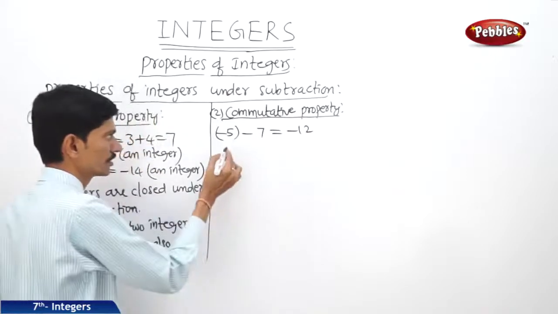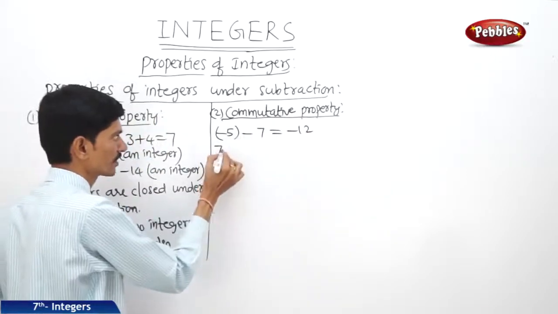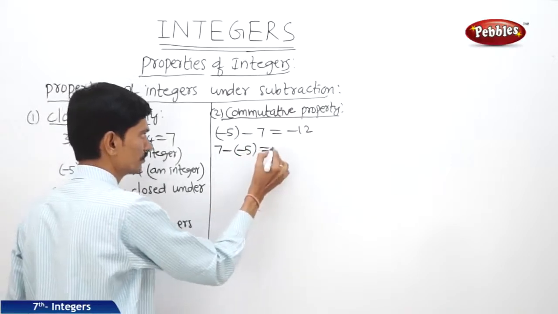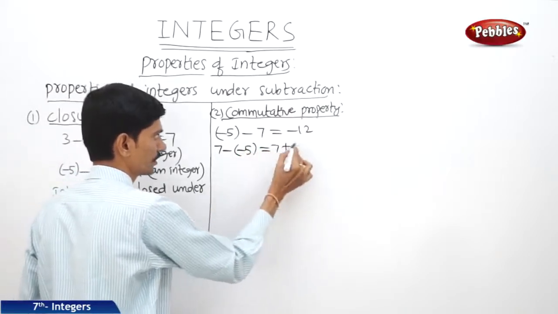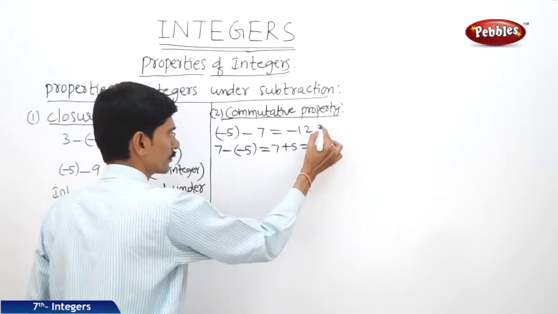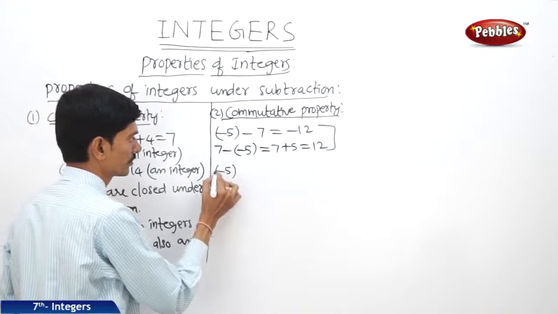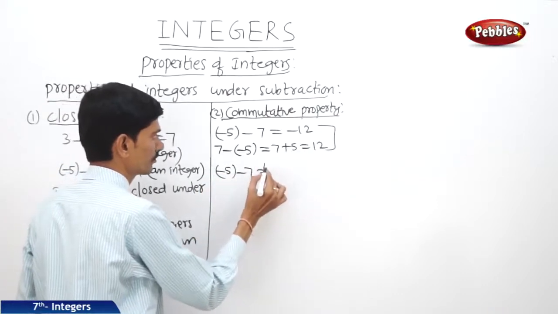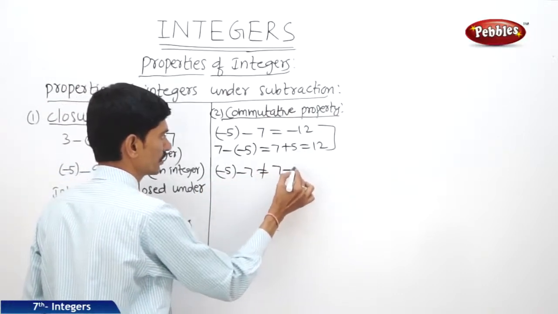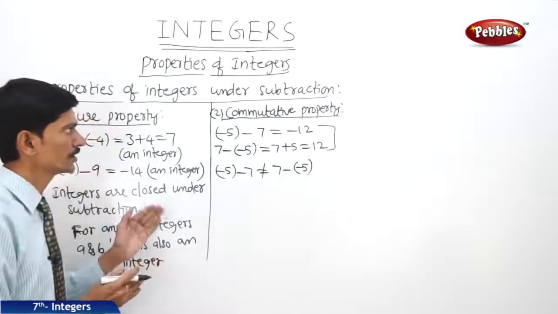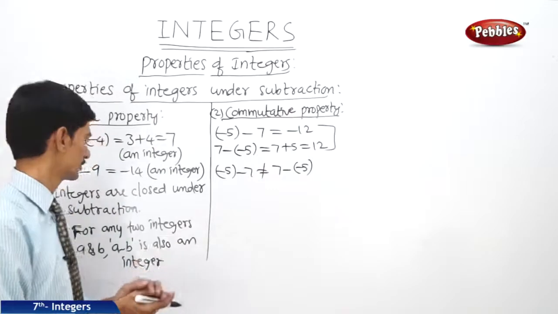But if you take the difference of 7 and minus 5, so 7 minus of minus 5 equals 7 plus 5 equals 12. But both are not same. So we can write that minus 5 minus 7 is not equal to 7 minus of minus 5. So integers are not commutative under subtraction.